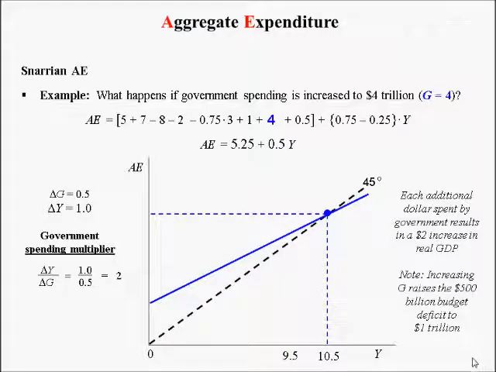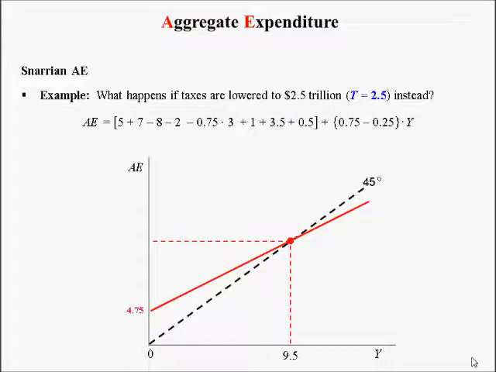Now, this comes at a cost, right? Increasing government spending raises the $500 billion budget deficit to $1 trillion. So there is a cost here. Okay. Now, suppose instead Republicans get their way and they cut taxes by 0.5 trillion.